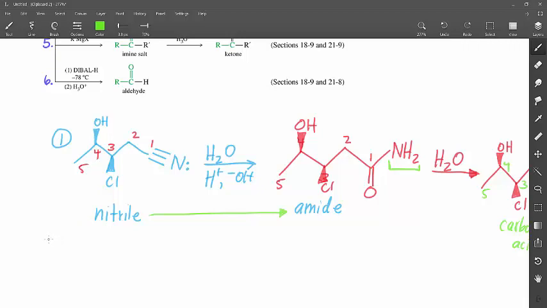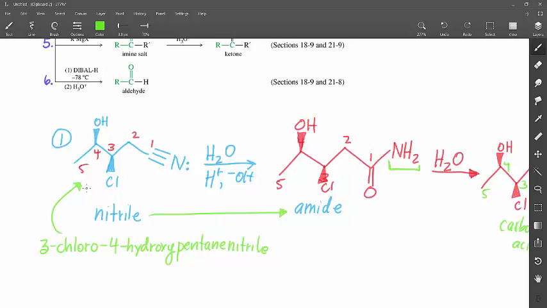So we're going to have 3-chloro, 4-hydroxy, pentanenitrile. That's the name of this right here. Okay?